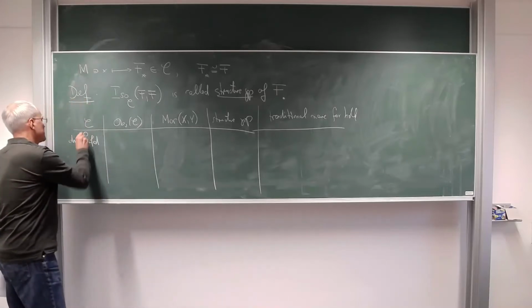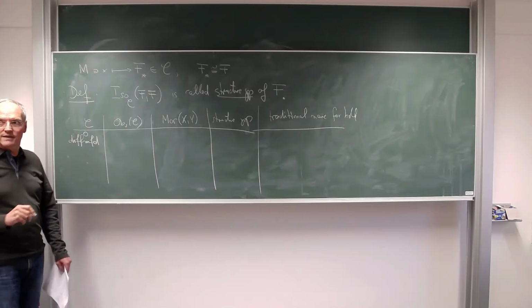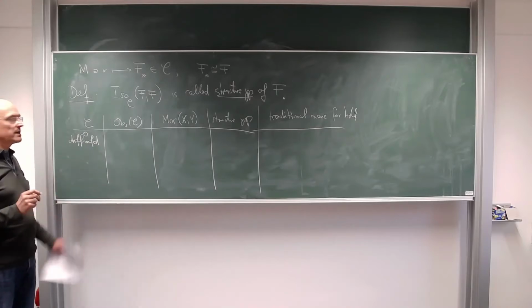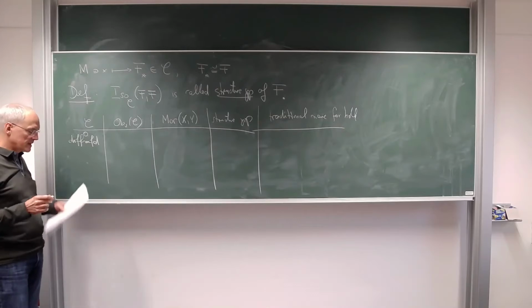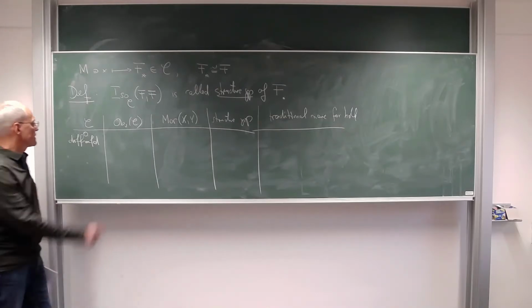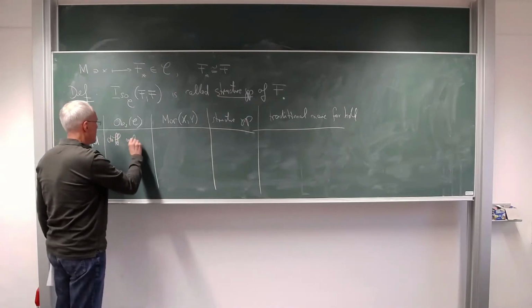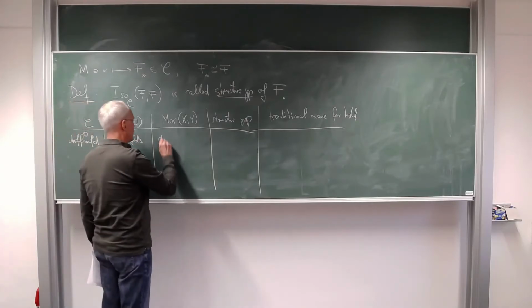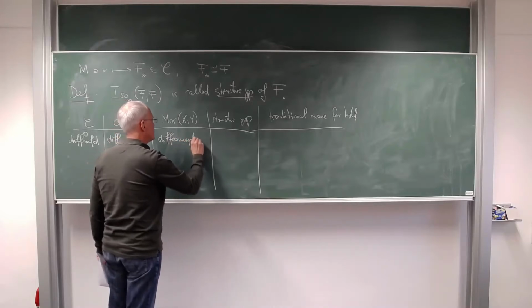So let's go over to the category where we only have isomorphisms and throw out all non-isomorphisms. So now I have a category whose objects are differentiable manifolds and whose morphisms are diffeomorphisms.